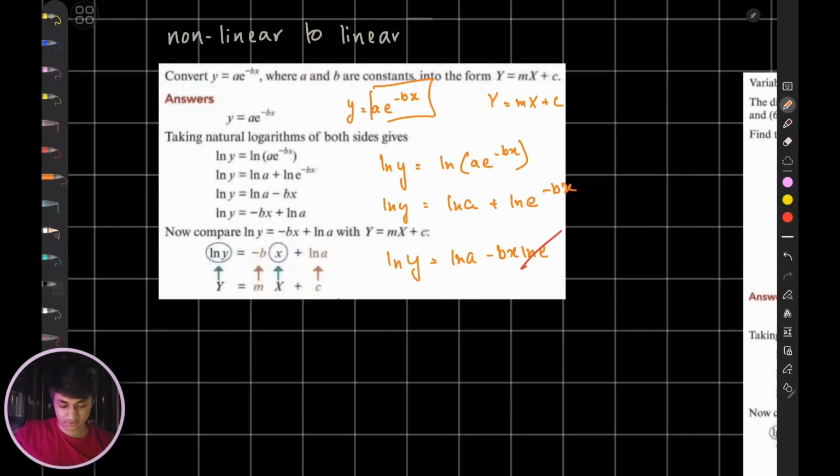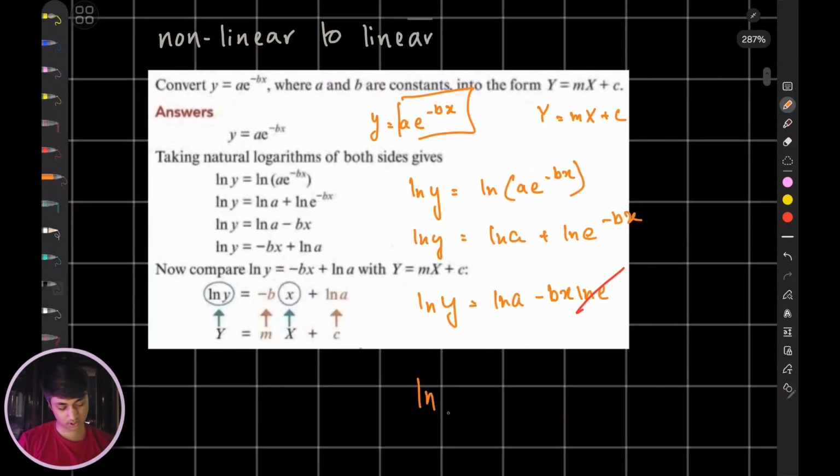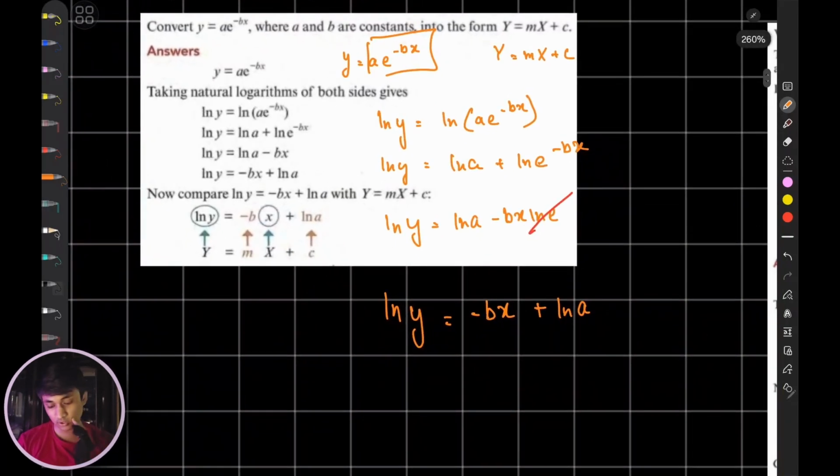So you've now received the main linear equation, which is to say ln of y is minus bx plus ln a. Now, can you relate this to the y equals mx plus c equation?